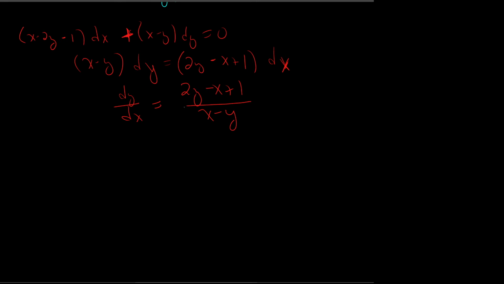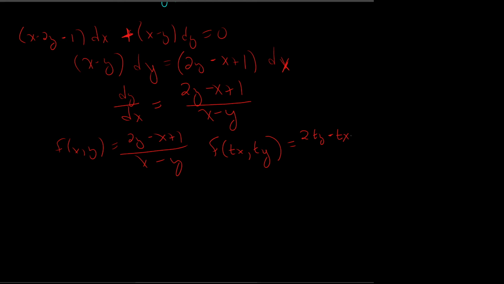Well, let's run our test here. I mean, I could do some weird factoring tricks. I could see what I could do, but let's take this as being my f of x, y. So f of x, y is equal to (2y minus x plus 1) over (x minus y). And I'm going to look for f of tx, ty. I'm going to multiply by a factor. So I get (2ty minus tx plus 1) over (tx minus ty).